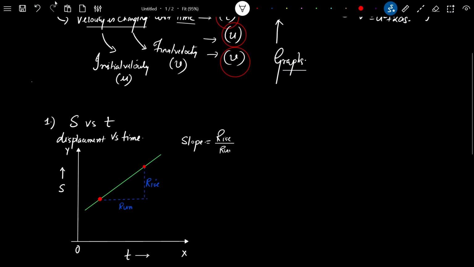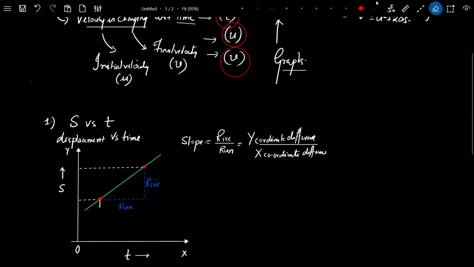A rise means always a difference. The rise talks about difference on the y coordinate, over the run, which is a difference on the x coordinate. Difference means difference of values on the x coordinate.